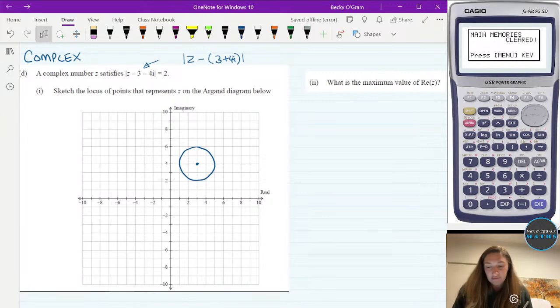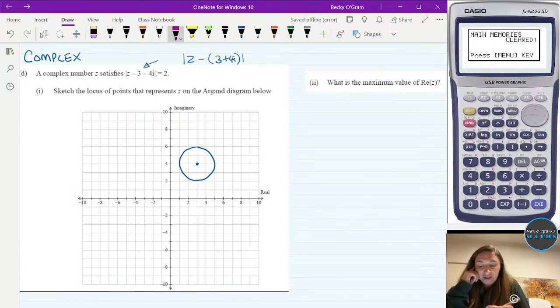Now the second part of this, and you do need both parts together to get the merit here. What is the maximum value of the real part of z? So z can be anywhere on this circle, and we want to pick z so that its real part is the largest it could possibly be, the real axis being the x-axis here. So we want the largest number to the right of that axis.